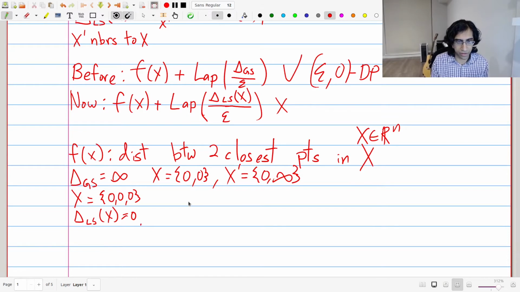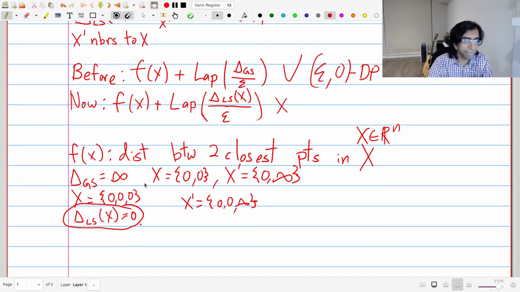Consider, say, x prime equals 0, 0, infinity, the same thing we did before. In this case, the nearest distance between two points is still equal to 0. You can change the third point to whatever you want, but this is what you arrive at: the local sensitivity is equal to 0.